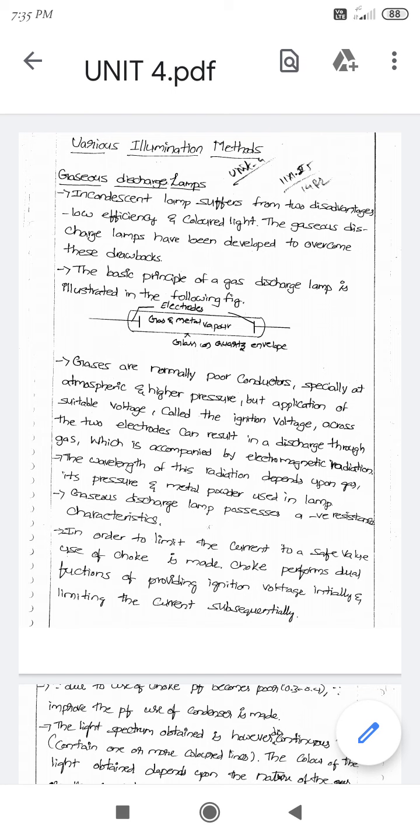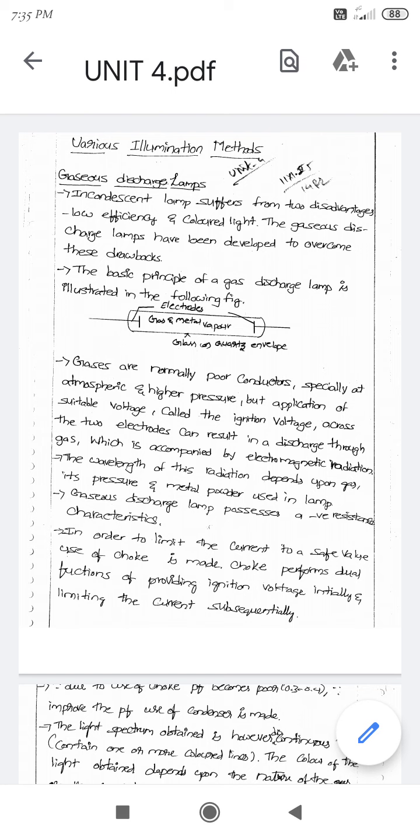These are the major drawbacks of the incandescent lamp. Gas discharge lamps have been developed to overcome these drawbacks. So we reduce the low efficiency and colored light by using these discharge lamps. The two drawbacks are overcome.